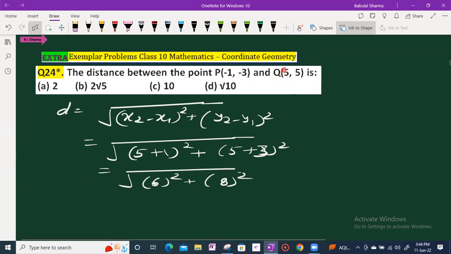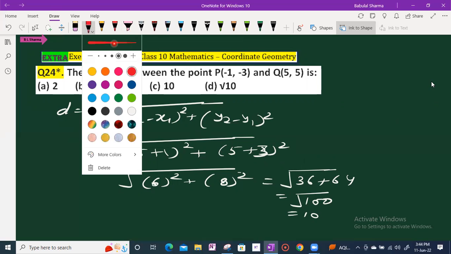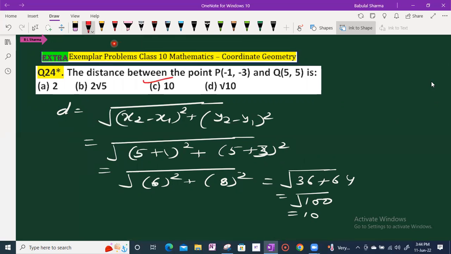See, 5 plus 1, that will be 6. 5 plus 3, that will be 8. 6 square is 36. 8 square is 64. 36 plus 64, that is 100. Square root of 100 is 10. So, correct answer is C.